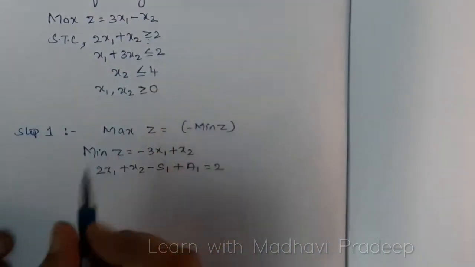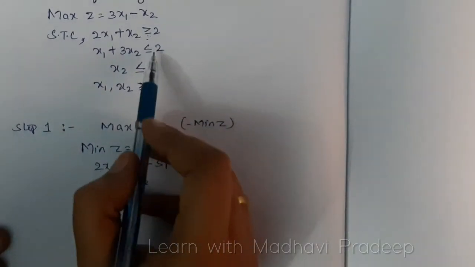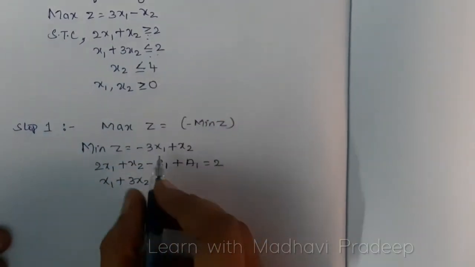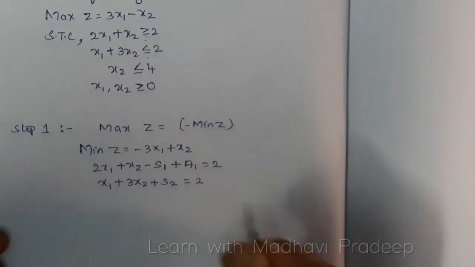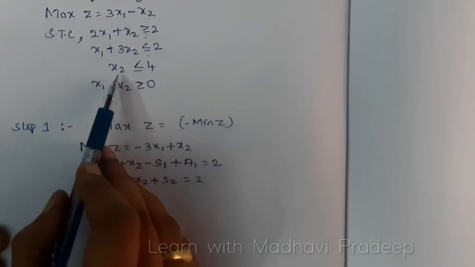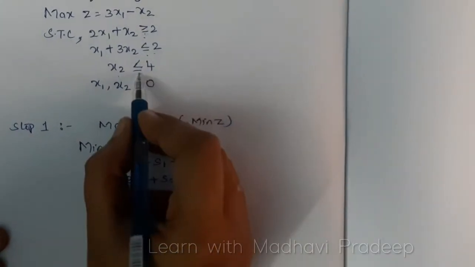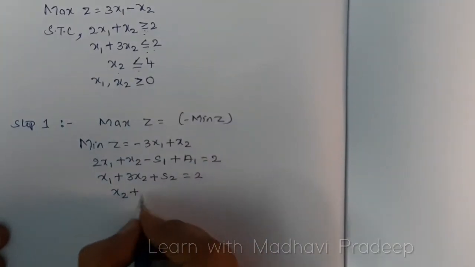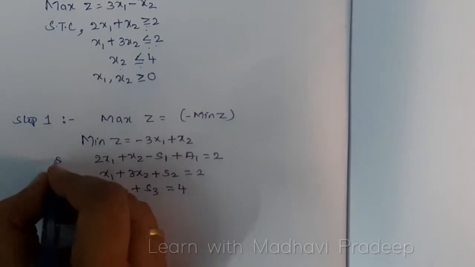Next, the second constraint, x1 plus 3x2. Here the constraint is less than or equal, so add slack variable s2 is equal to 2. Third constraint, x2 less than or equal to 4, so add slack variable s3, that is equal to 4. So these are the constraints.